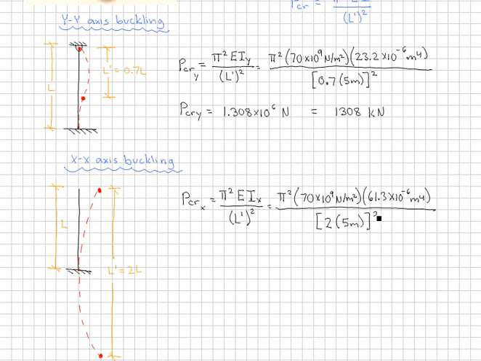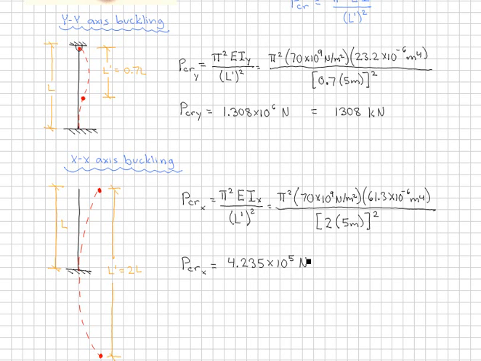If we run these numbers on our calculator, we come up with a critical buckling load about the x-axis of 4.235 times 10 to the 5th, and the units are in newtons.